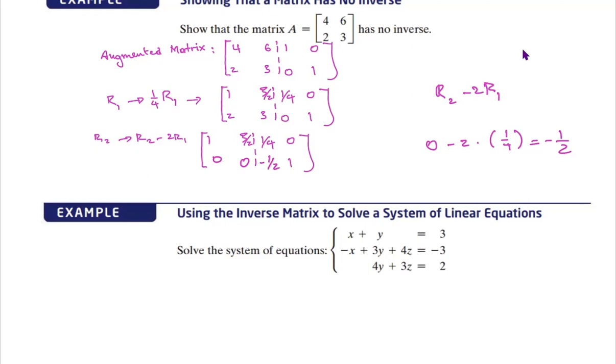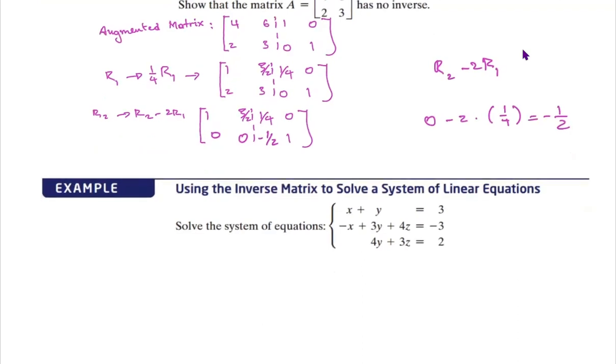And then you would have R2: 1 minus 2 times 0, that is 1. Okay, so the 1 stays. So R2 minus 2 times R1.